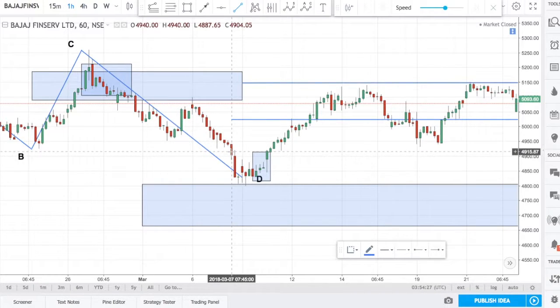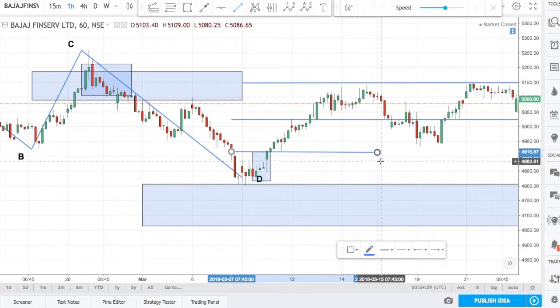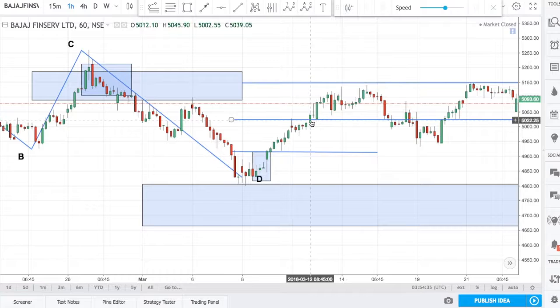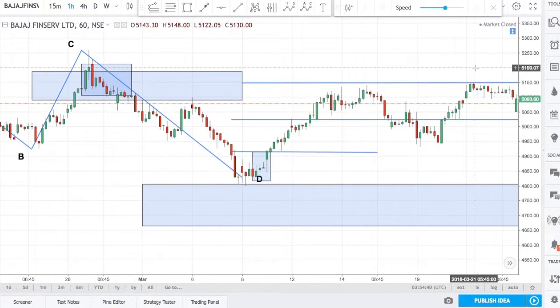So we can enter our trades right here and sit tight until it reaches your target number 1, number 2, or the trade stops you out.